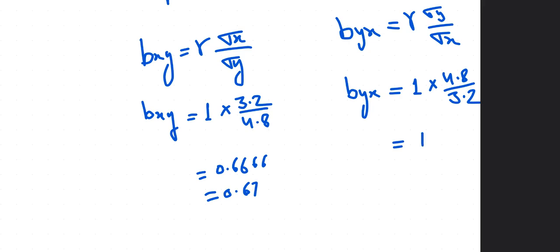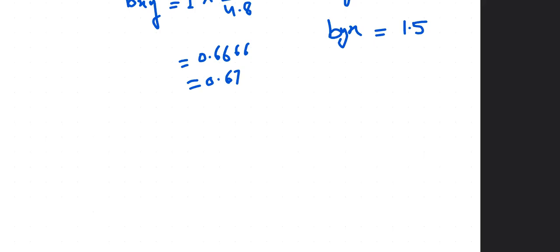And byx is 1 into 4.8 over 3.2, which is 1.5.